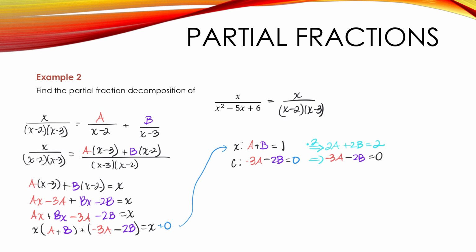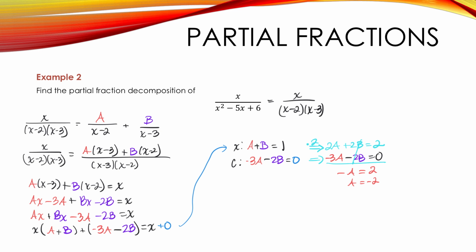And let's add them up. Well, the 2b's cancel out, and now I'm left with negative 3a plus 2a is a negative a, and it equals 2, which means that a is negative 2.